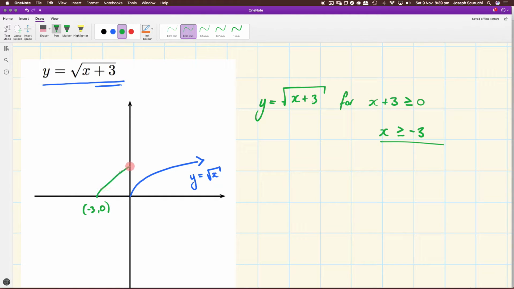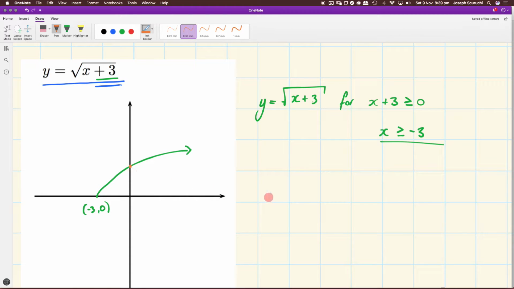And I'm going to draw that in like so. So as you can see, what's happened by plussing 3 here, I have shifted my parent graph 3 to the left, or 3 in the negative direction. And this is where people get confused sometimes, because this plus is telling me to shift it 3 in the negative direction.